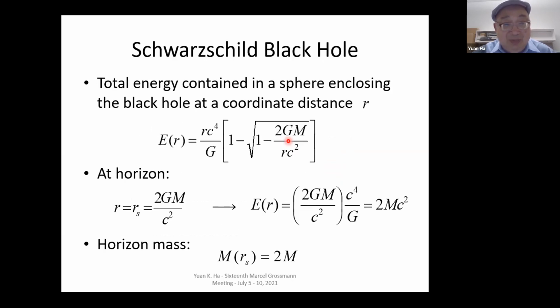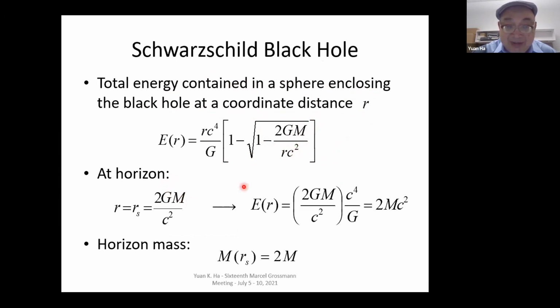Now, applying this formula to the Schwarzschild black hole, we find the total energy contained in a sphere enclosing the black hole at the coordinate distance r is given by this formula here. Here you notice a square root factor, which is the curvature in the Schwarzschild metric.